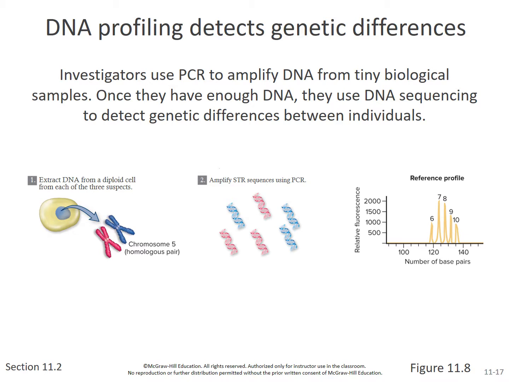Once they have enough, they use DNA sequencing to detect genetic differences between individuals. So they will use PCR to make a little bit into a lot of DNA, a lot of copies. Then they'll take those copies and they'll sequence it.